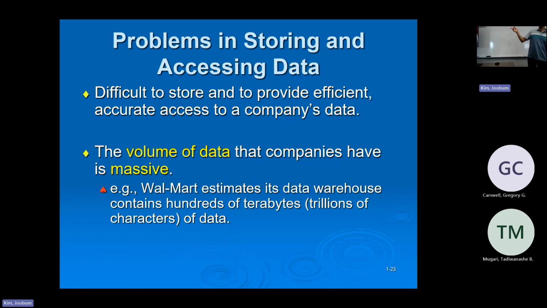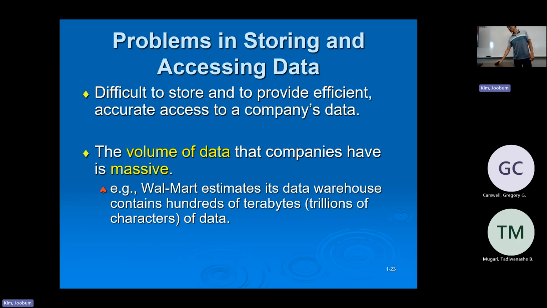So the data we have is a very important asset, but there's a problem in storing and then accessing data. Many can say that there are two. One is that the volume of data is massive, a lot.